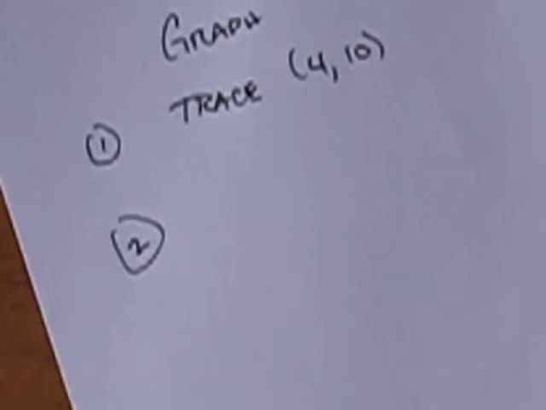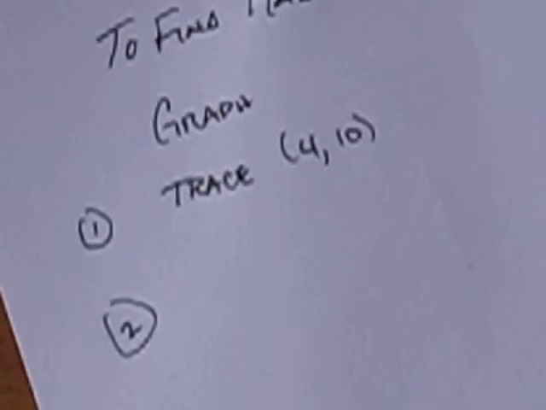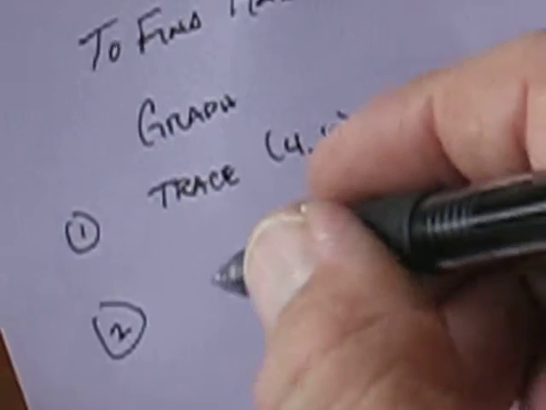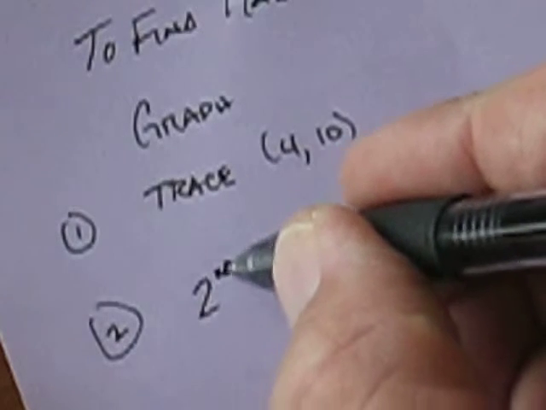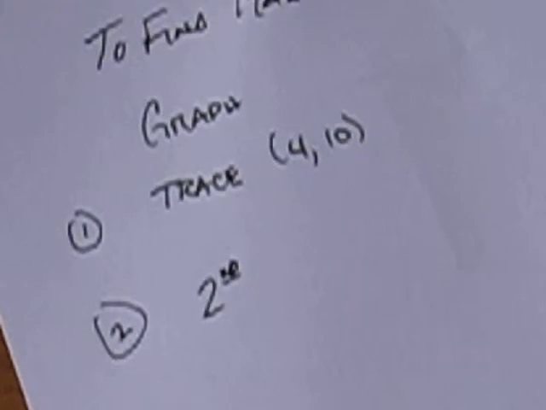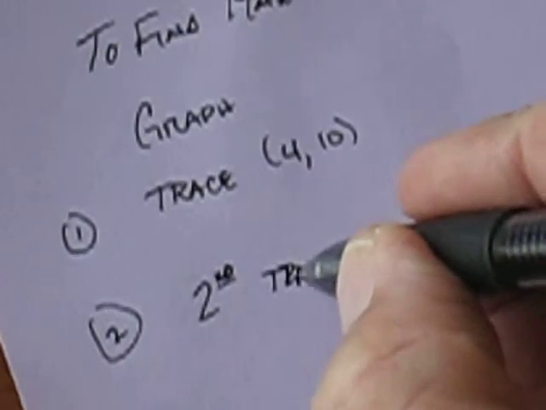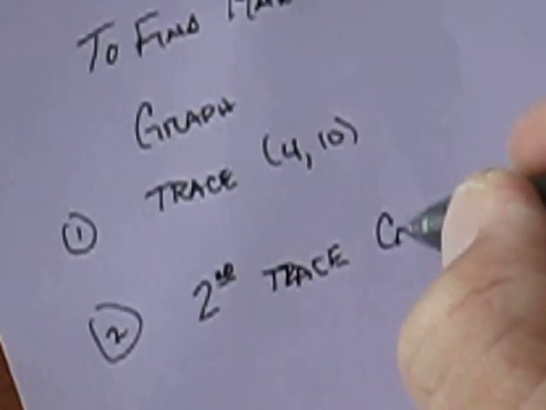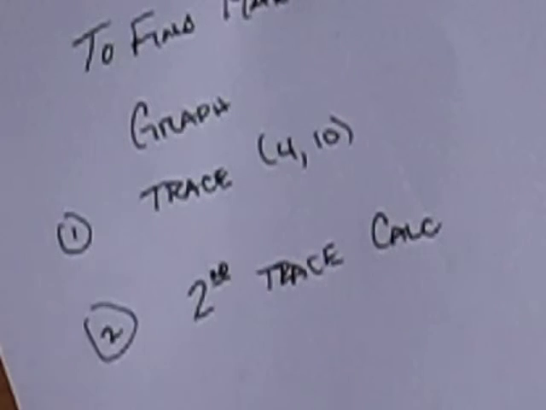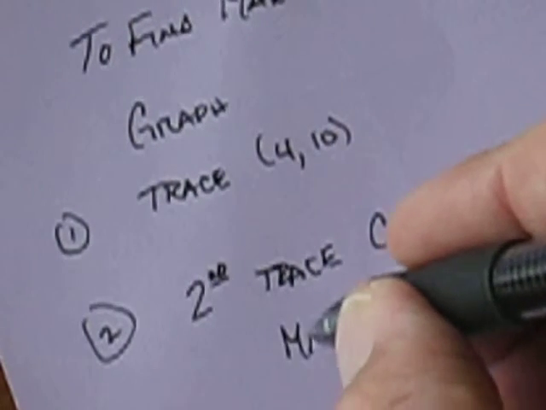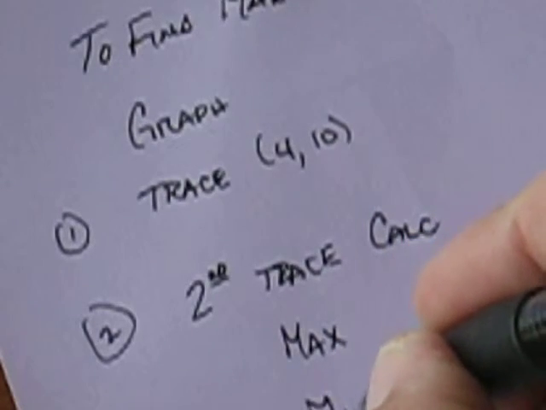A more accurate way with the calculator is, once you've got the graph up there, you can hit the second key, which is either blue or yellow, and then trace. That'll take you to the calc menu screen, where one of those menu offerings will be either maxima, max, or min.